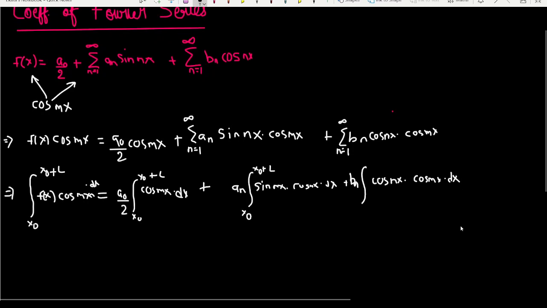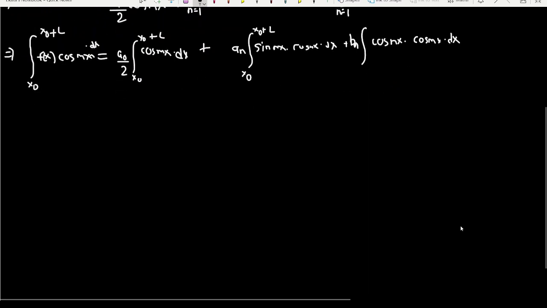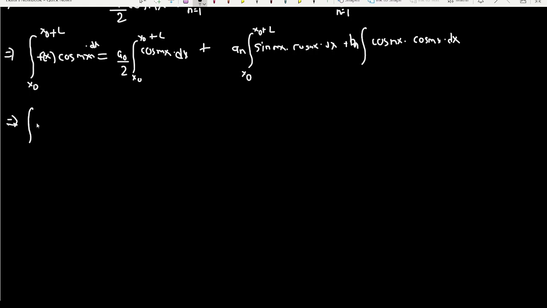What can we do after this? I will not write x naught and x naught plus L, because it will become more complex, and I will only put the integration sign.